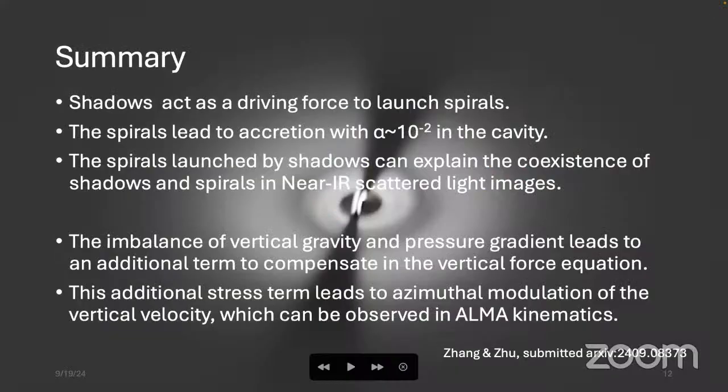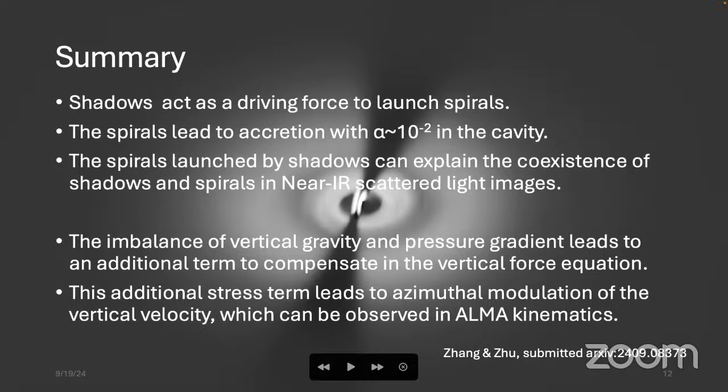So I guess I will just conclude here. First, shadows can act as a driving force and launch spirals. And the spirals lead to accretion, and they can fill the material inside the cavity. And spirals launched by the shadows can naturally explain the coexistence of shadows and spirals in near-infrared scattered light images.